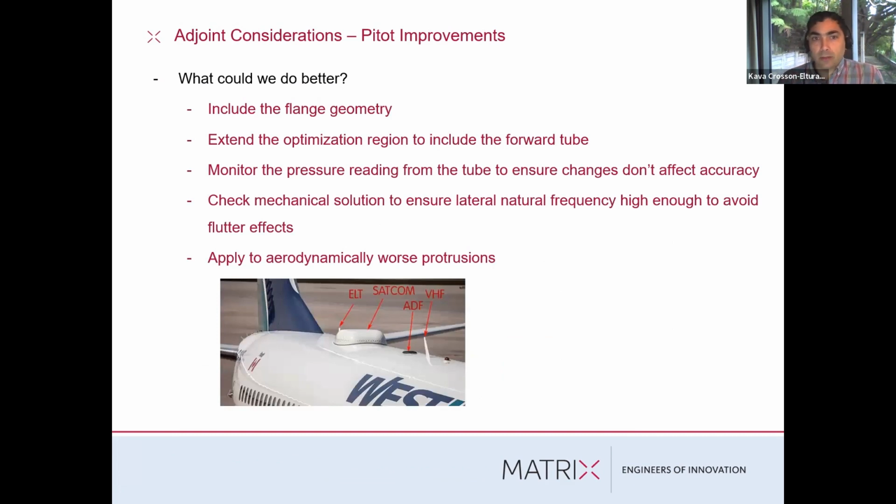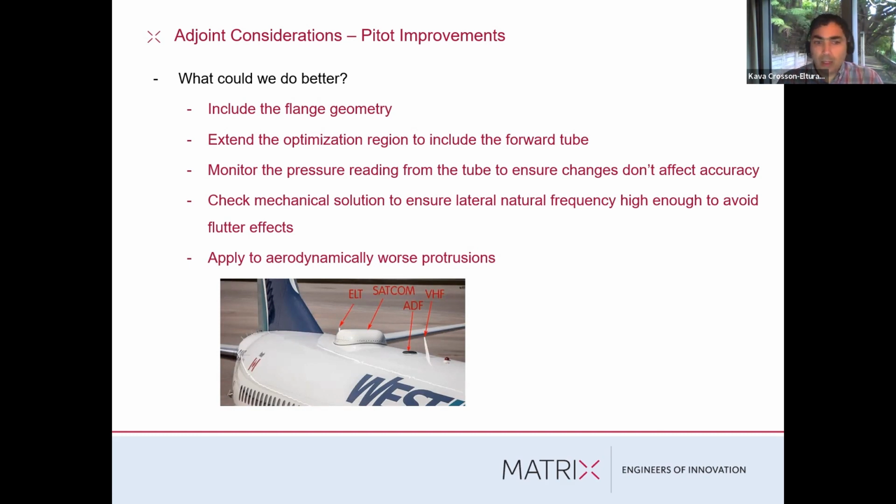What other things could we have considered in this analysis? I'd say including the flange geometry would be good because it's often quite chunky and not so nice. Be good to optimize that as well. You could extend the optimization region to the forward tubes I mentioned, monitoring the pressure readings, check the mechanical solution to make sure you're not getting too thin, make sure you're not making yourself sensitive to static or dynamic failure of the Pitot tube.